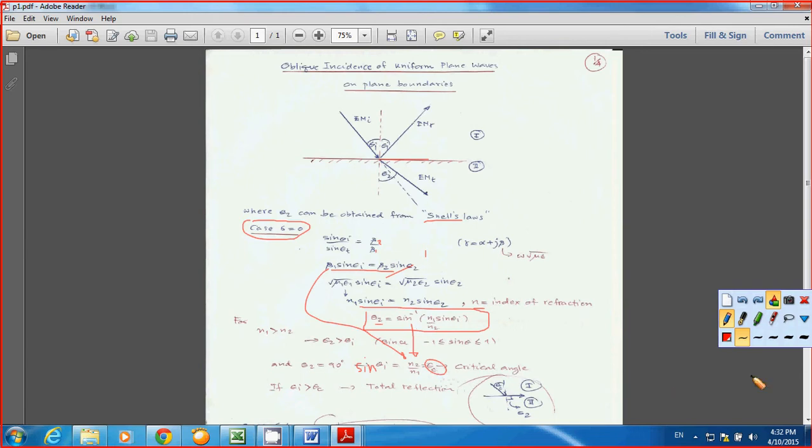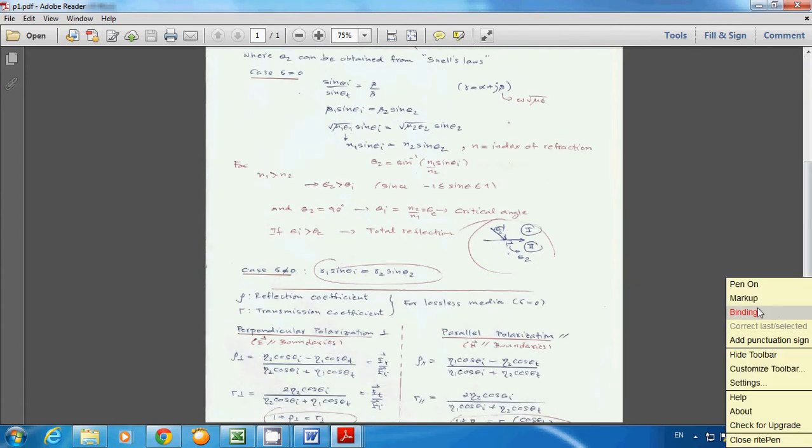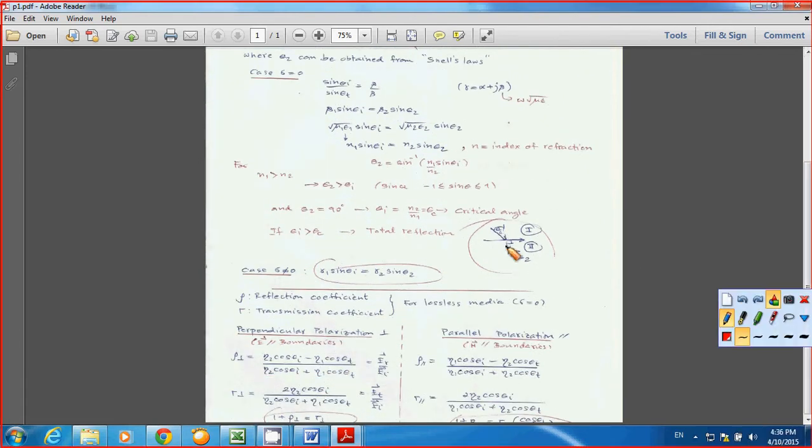What happens if we increase the incident angle beyond the critical angle theta C? There is no transmitted electromagnetic wave at all, but all of it reflects back into media number 1.